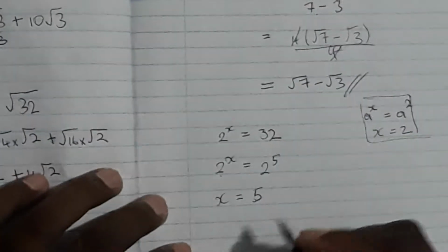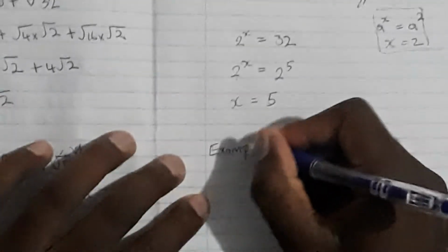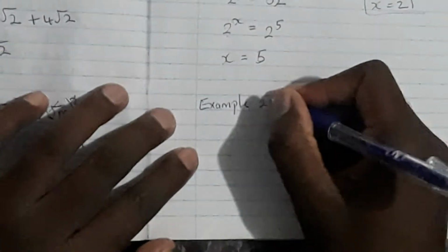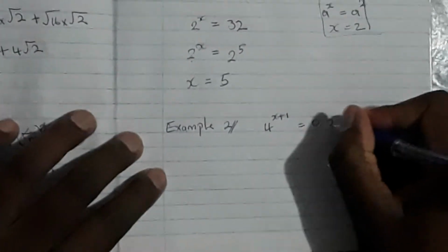Now we're gonna work on another example. Let's call this example 2, which is giving us 4 to the x plus 1 is equal to 0.25.